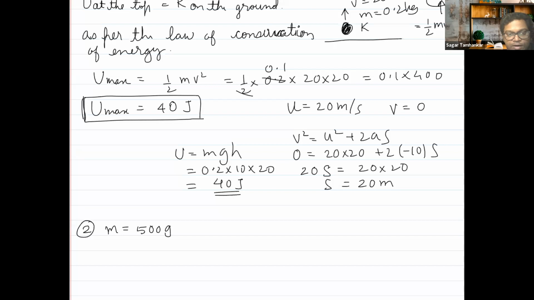Mass is 500 gram, that is 0.5 kilogram. And the velocity is 15 meter per second.